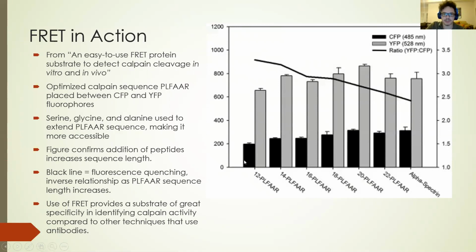Then they measured the emission of cyan when it was exposed to a certain wavelength and the emission of yellow when it was exposed to a certain wavelength. They observed an inverse correlation as they added more and more residues, where yellow was emitting less light because it was absorbing less light from cyan.